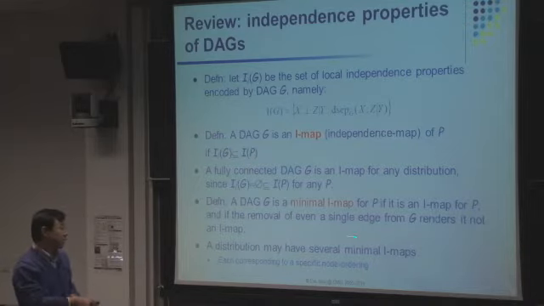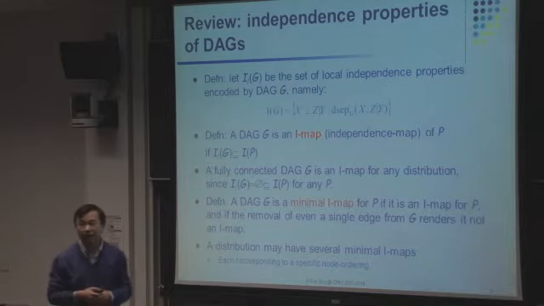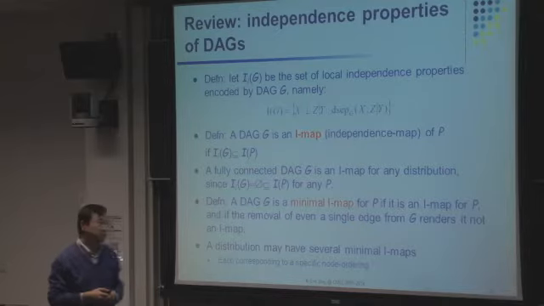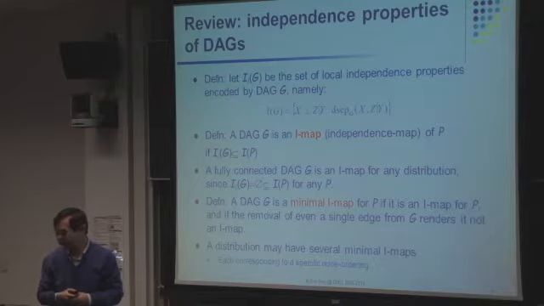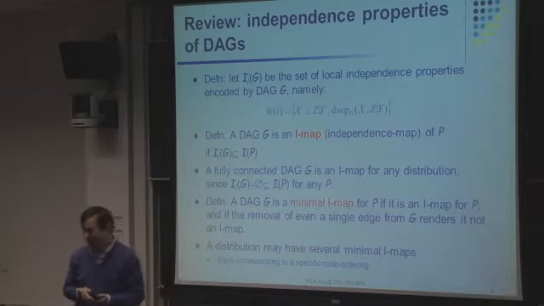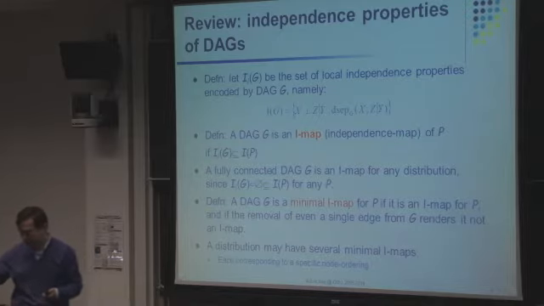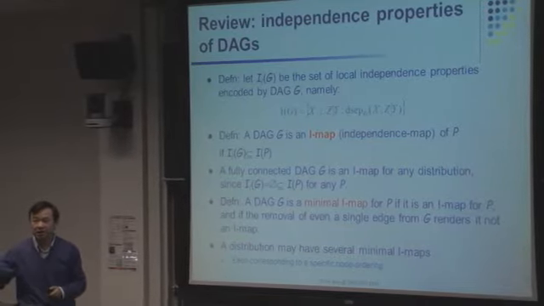And remember, there can be several different I-maps or minimum I-maps because there is something called I-equivalence, which I didn't really say a lot last time, but if you read the assignment material, you should be clear about what I meant, right? So for example, different graphs can actually encode the same set of conditional independencies, right?